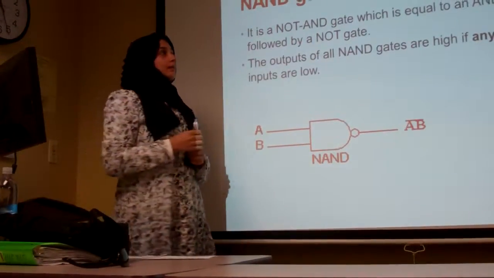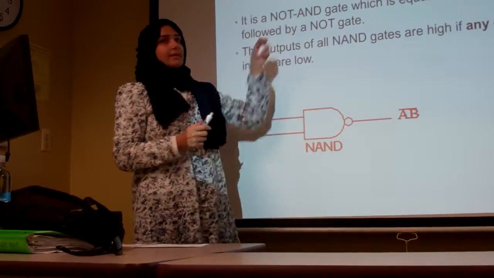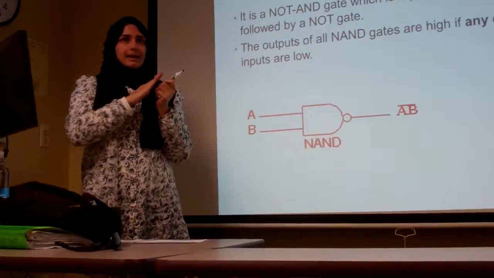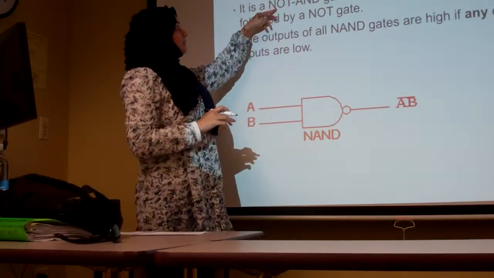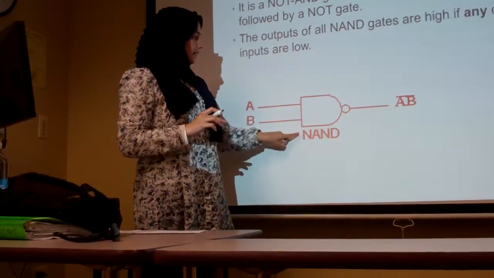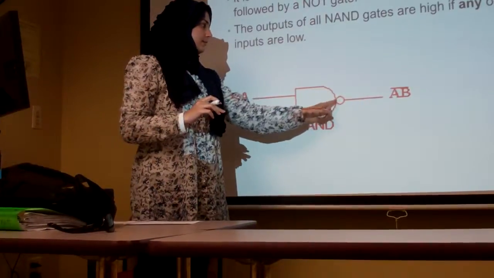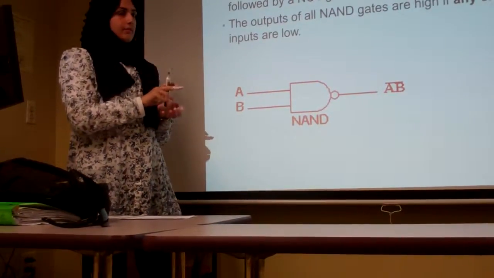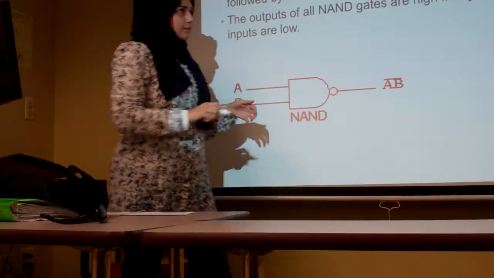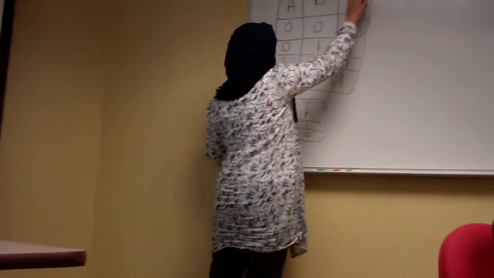We also have the NAND gate, which is NOT AND, the same as the AND gate which we had first, but this is the opposite. As you see here, the shape is the same as the AND gate, but we put this to make it the opposite, the inverter. Do you remember what the AND gate was?